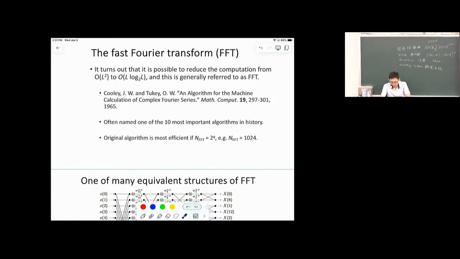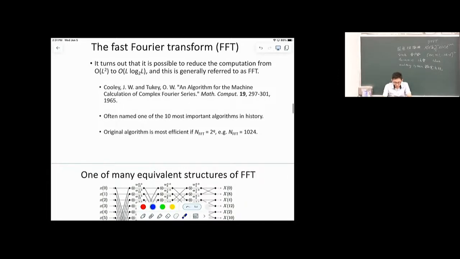You can name it. Another note is that, as we'll see in a moment, it's often a good habit to use a power of 2, let's say 2 to the 10th power, or 1024, as your FFT length.